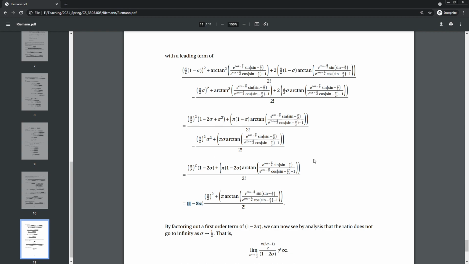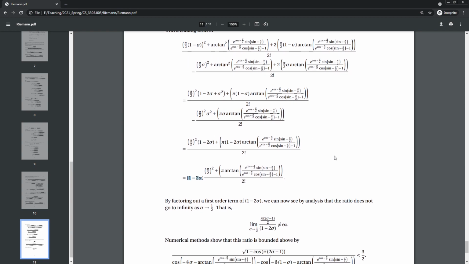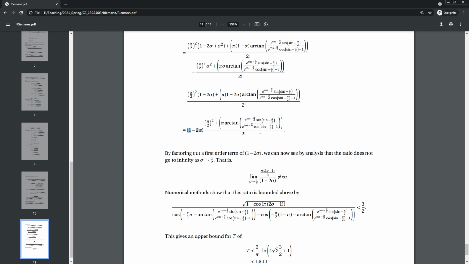And again, all of this was in the leading term of the denominator, and then every subsequent term as well. So we can actually factor out 1 minus 2 sigma from the denominator. And so now by analysis, and by persistent analysis, we see that the ratio doesn't go to infinity.